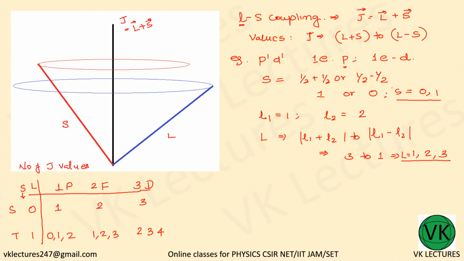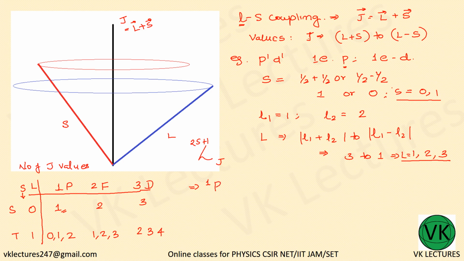Now what are the spectral terms that we have? This is singlet P state with J value 1. Before going to that, we will represent the spectral term by 2S plus 1, which is the multiplicity, then L, and J. So multiplicity here is 1, that is the singlet.